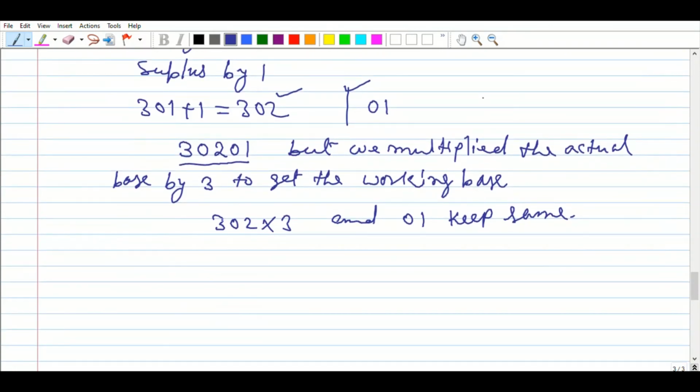Multiplying by this, we get 3 2s are 6, 300, 906, and here I have written keep the same 01. So we will write here 01.